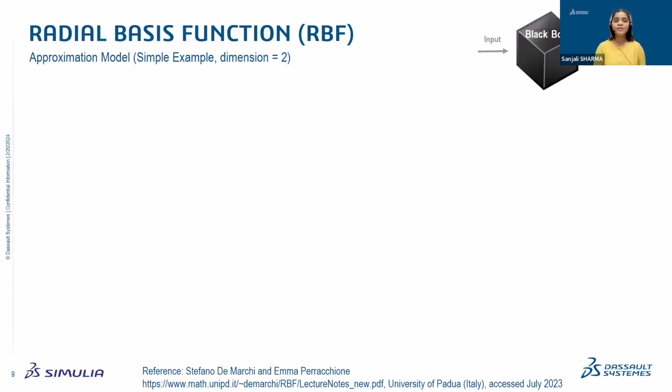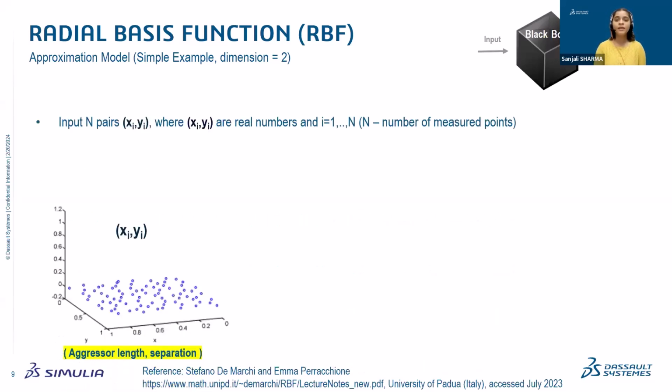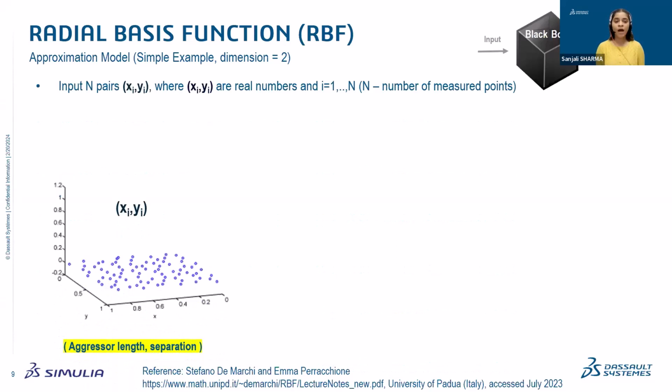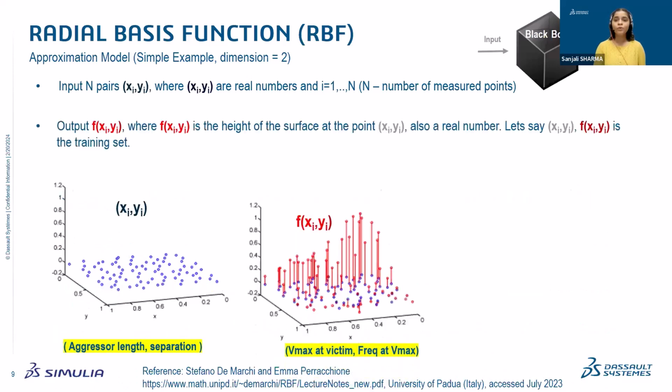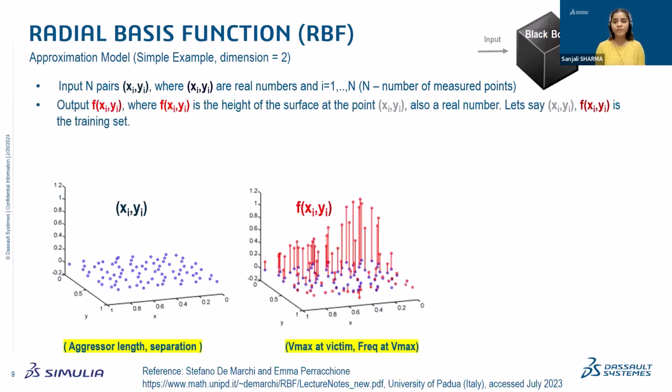So let's understand the radial basis function with the help of the example that we have taken of the cable cross section. Let's say we have two inputs, which in our case are aggressor length and the separation between the two wires, and they are acting as Xi and Yi. Corresponding to each input set, we will get the output, which will be a function of Xi and Yi.